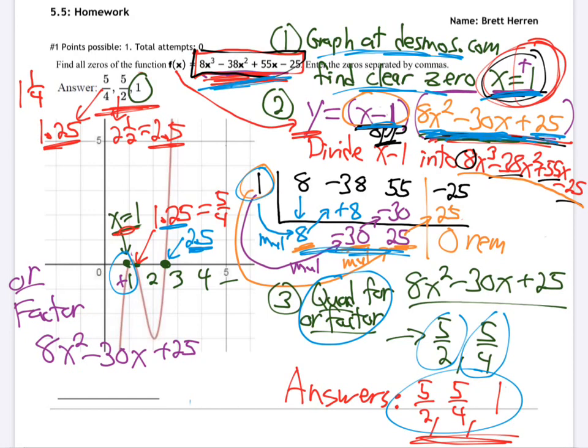How would you factor? Well, that's where you just write the two parentheses and you go, what multiplies to be 8x squared? Well, you'd want to go with 4x and 2x. You might think, well, isn't it 8x times x? It could be. It just sort of depends. It's usually numbers closer together, like 4 and 2 are closer together than 8x and 1x. So I'm going to go with 4 and 2. And it's going to multiply to be 25 back here.